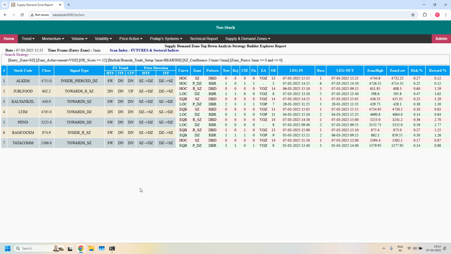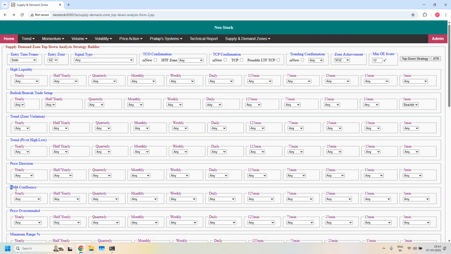If any of those stocks are having a 15 minute supply zone with daily EMA confluence, then those stocks might be having more probability to get success. Let's verify. In the EMA confluence at 15 minutes time frame, I am selecting a 15 minute supply zone having daily EMA confluence.